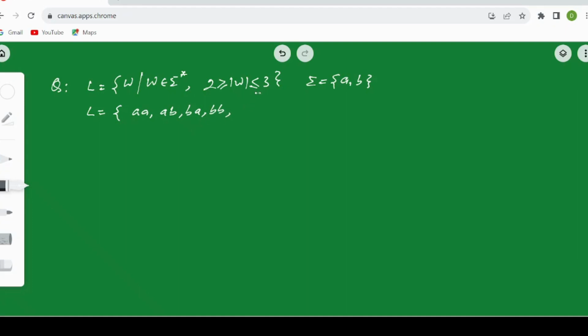Similarly, the automaton is accepting the strings of length 3 also. The strings of length 3 will be AAA, BBB and 6 more combinations of length 3. So here we will require 5 states.